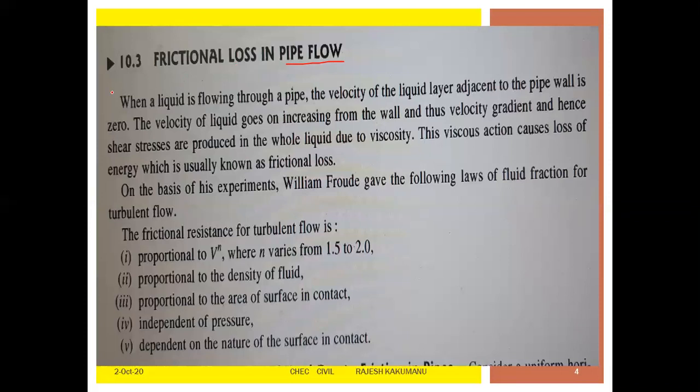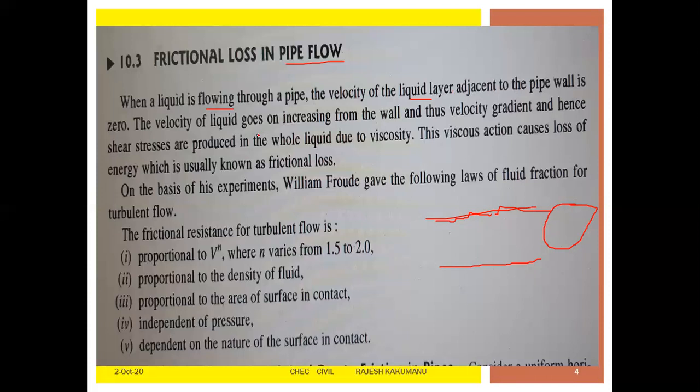So when a liquid is flowing through a pipe, whatever the liquid you are using, the velocity of a liquid layer adjacent to the pipe wall, for example, in a pipe of circular cross section, at the pipe wall is zero, right?